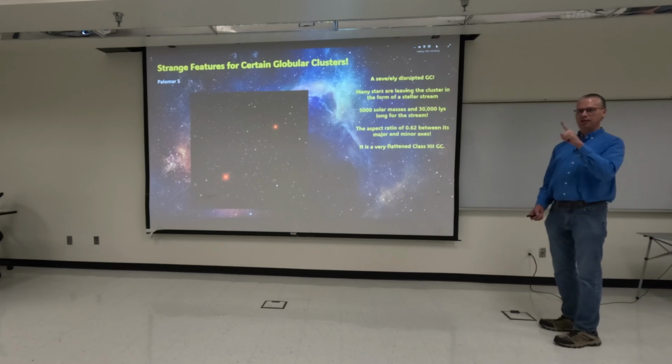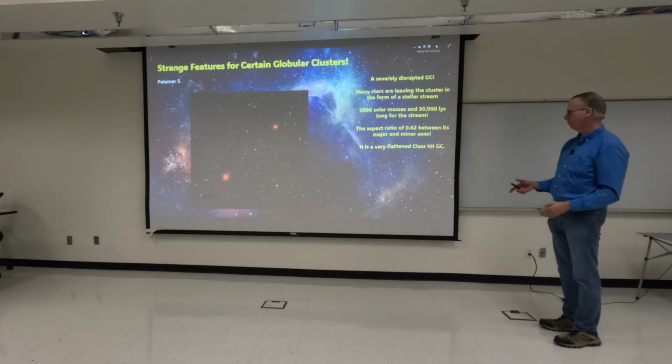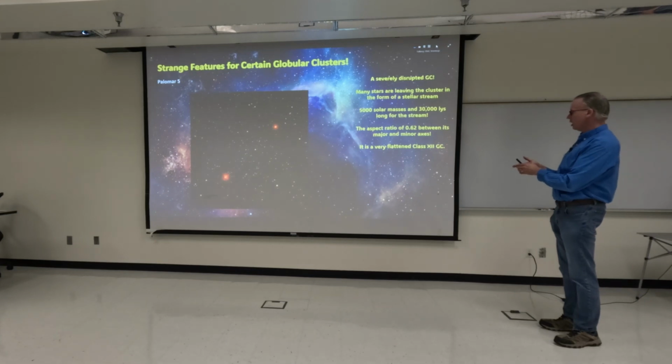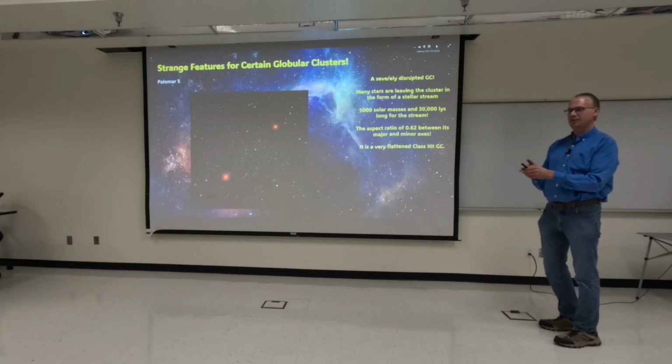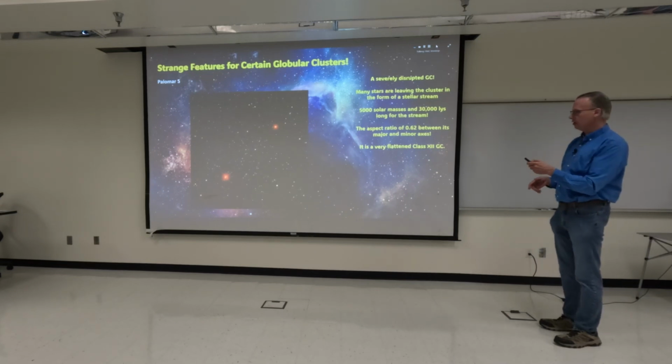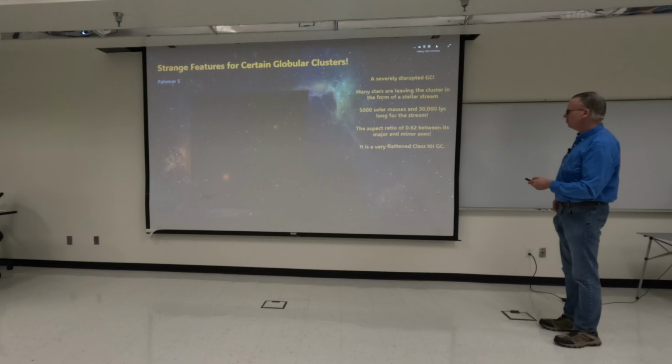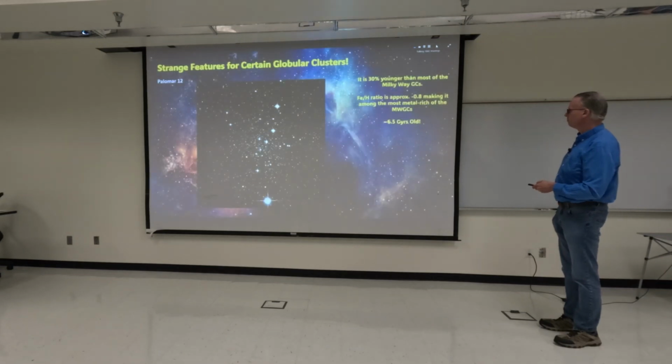So that means it's like an oblate spheroid. It's very flat at one end and it bulges really outward. So it's a very flattened class 12 globular cluster. I think in the elliptical galaxies, we'd be more like an E7 or an E8, really elliptical shape. So not all these globular clusters are going to have a nice ball structure.